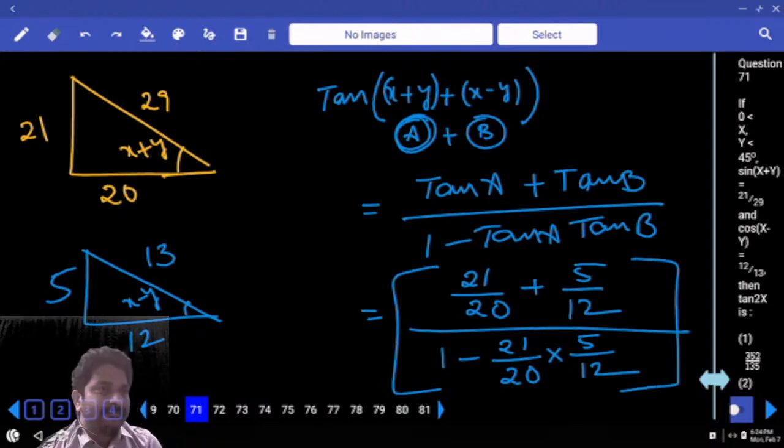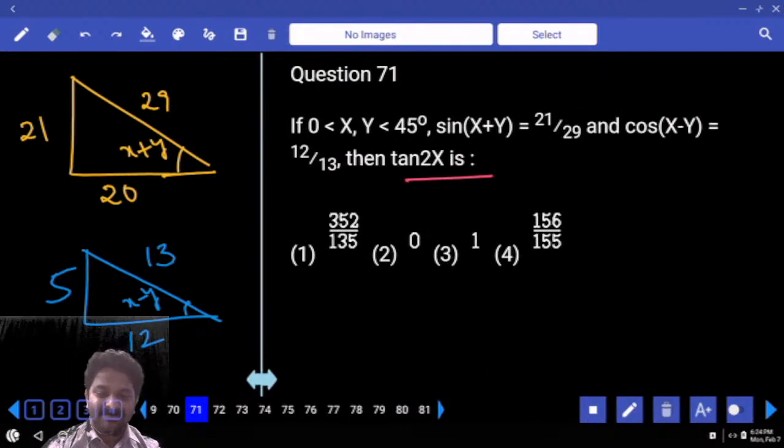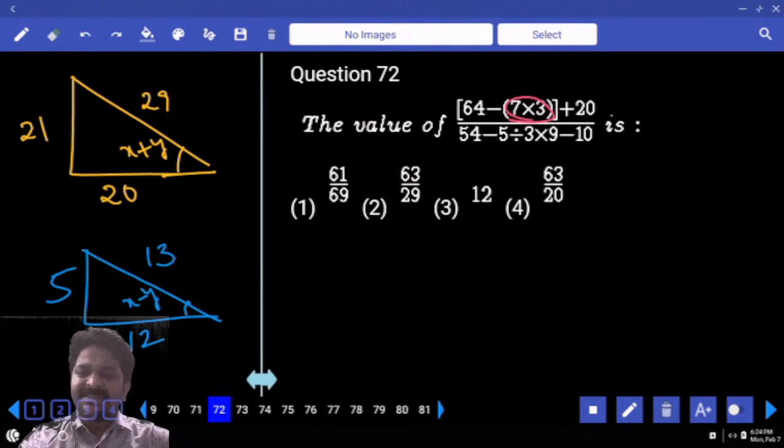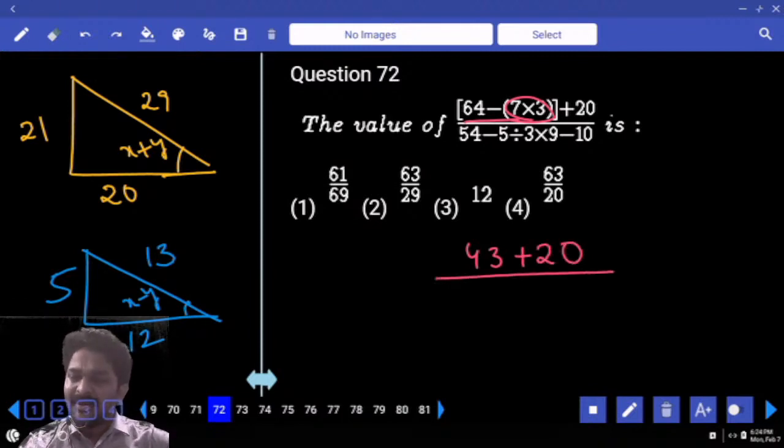Simplification, do it. Next, 7 3s, 21 subtracted from 64. 43 plus 20, 63 divided by, denominator 54 minus 5 by 3 into 9.